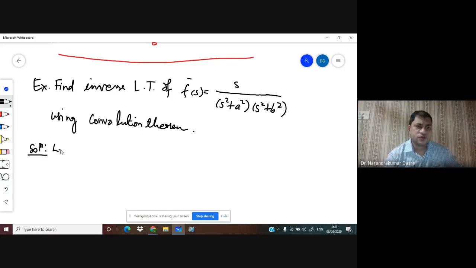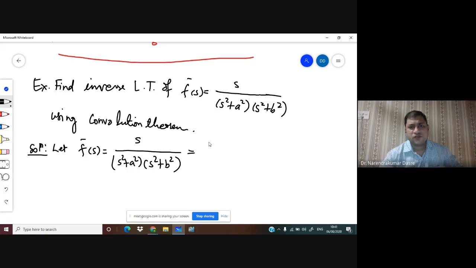So we go with the solution. Let f bar of s be equal to s upon s square plus a square, s square plus b square. First step, we have to consider s upon, or either we consider 1 upon, so 1 upon s square plus a square into s upon s square plus b square.